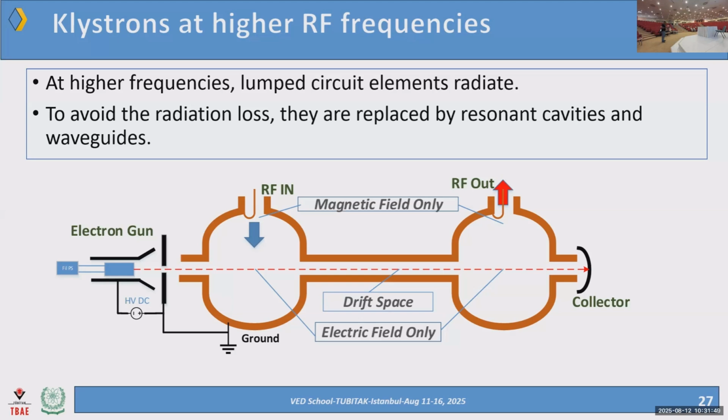So this cartoon is the simplified picture of a modern day klystron. We have electron guns injecting electrons in a cavity where we have to seed this thing with an RF signal. The RF signal gives the velocity modulation, the collection of the charges, and those charges, when passed through the second cavity, give their energy in terms of electromagnetic field.